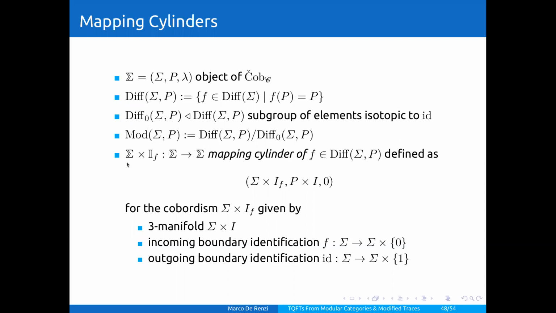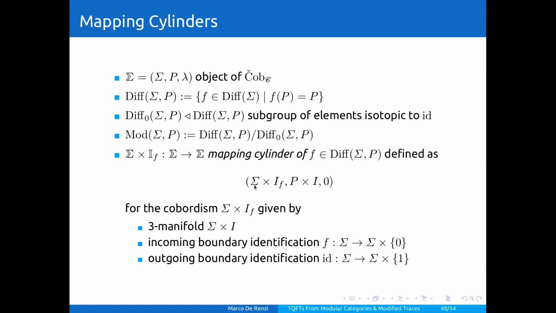And these representations, as I mentioned on Monday, in my second slide maybe, are defined through so-called mapping cylinders. So let me explain mapping cylinders for this construction. We denote them sigma times I with a subscript F. This is a morphism of this category. It's called the mapping cylinder, and it is associated with a diffeomorphism in this diffeomorphism group. And this is defined as this triple.